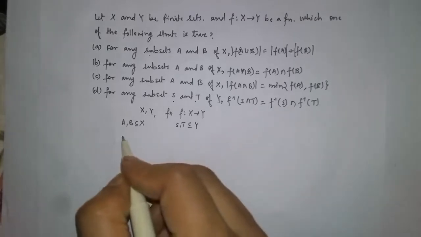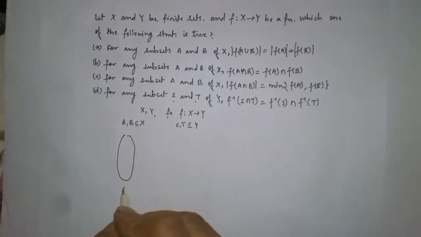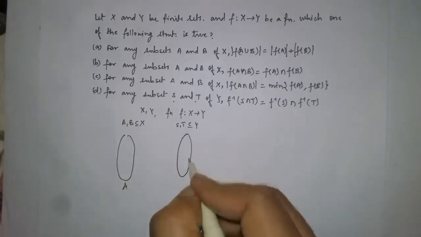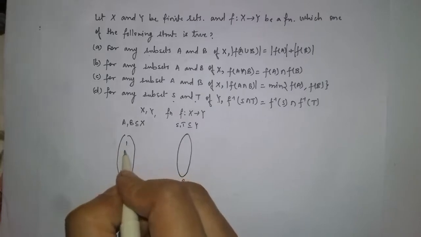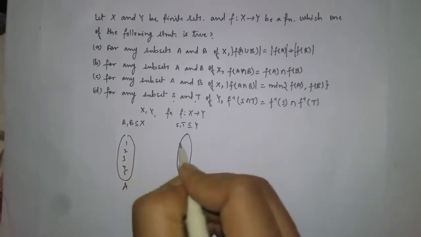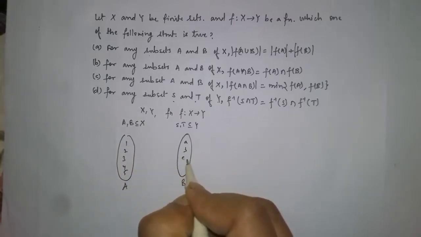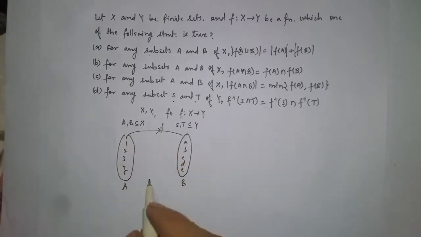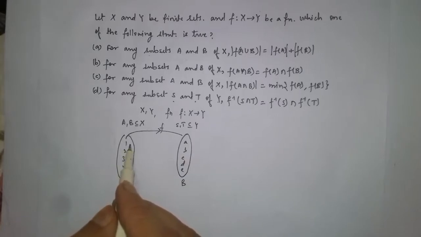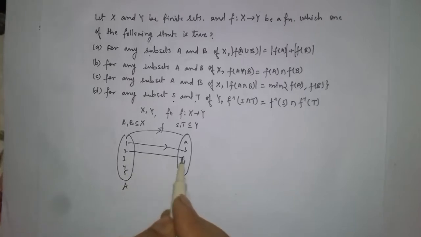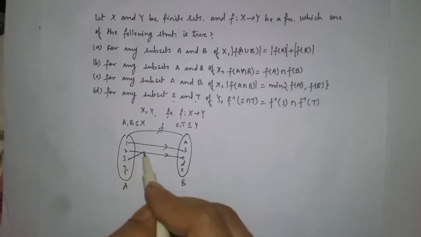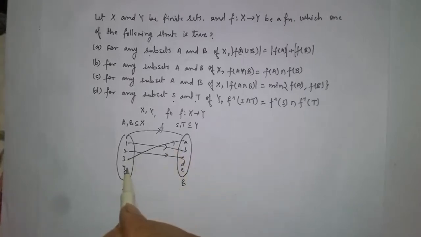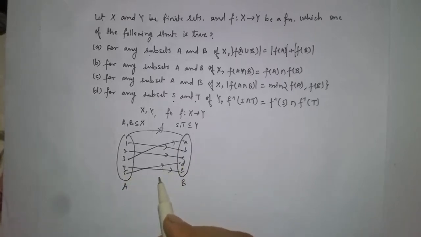I am drawing one function like this. This is set A, this is set B: 1 2 3 4 5, a b c d e, and a function from A to B. 1 is mapped to b, 2 is mapped to c, 3 to say a, 4 to say b, 5 to say d.